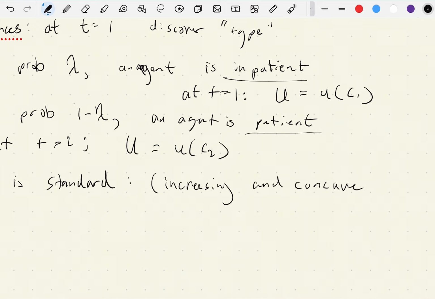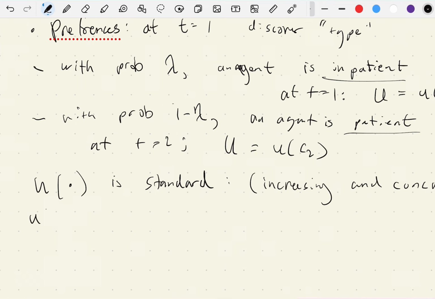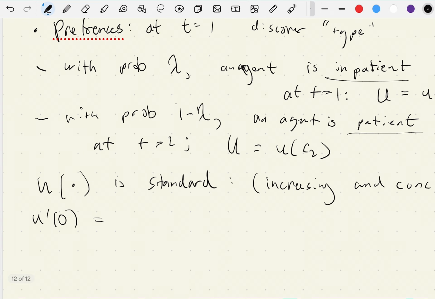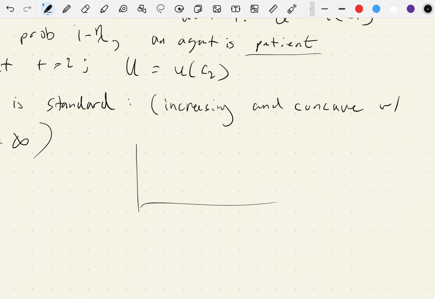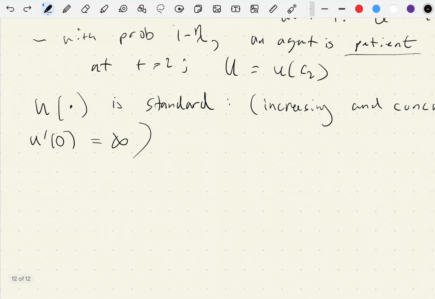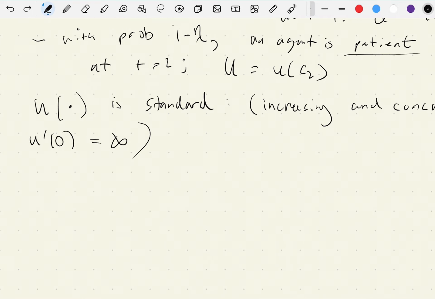Because it's increasing and concave, we also want to define that its derivative u prime at 0 is actually infinity. So the utility function should start off with an infinite tangent line. That just means that it's a standard utility function. That's how we're defining it.